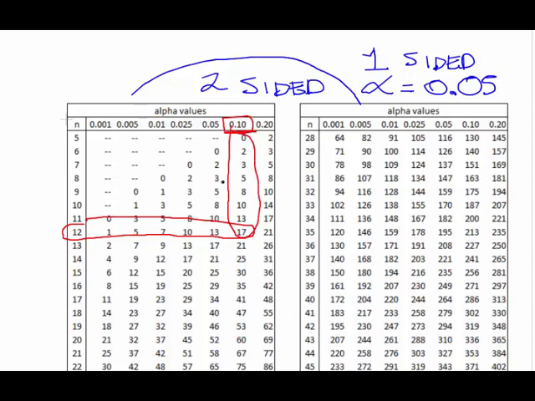Why do we go to the 10% one? It's 5% for each tail, so it's 10% over two tails. We're dealing with a one-sided test, so this gives us the critical value that we are looking for, which is 17.